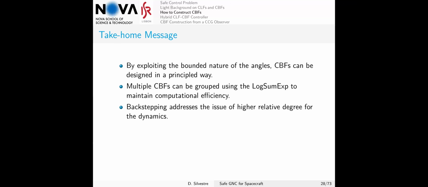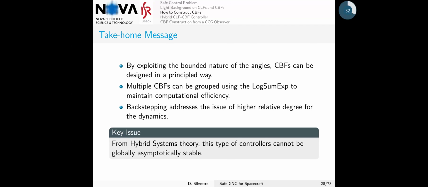And even if you have mixed relative degrees, you can use a very common trick, which is to control a point that is not the center of mass. Sometimes that is where the mixed relative degree is coming from. But, and I think this is the key issue that I would like to highlight: if anybody here has attended a presentation related to hybrid systems, your spidey senses should be tingling.